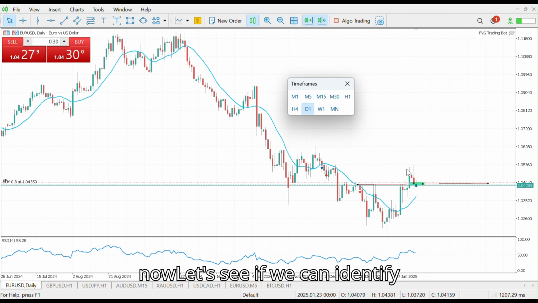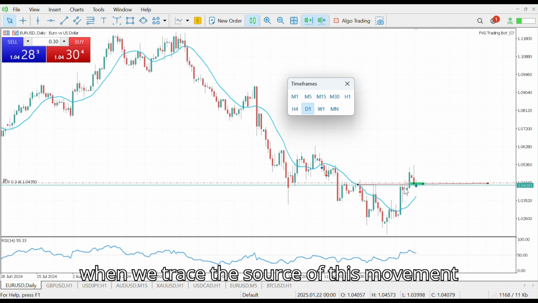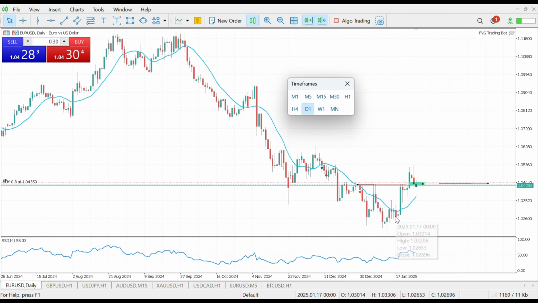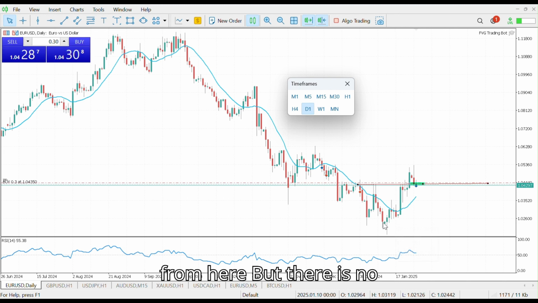So now let's see if we can identify a form of order block from here. When we trace the source of this movement, you can see that the movement comes down from here, but there is no order block here.